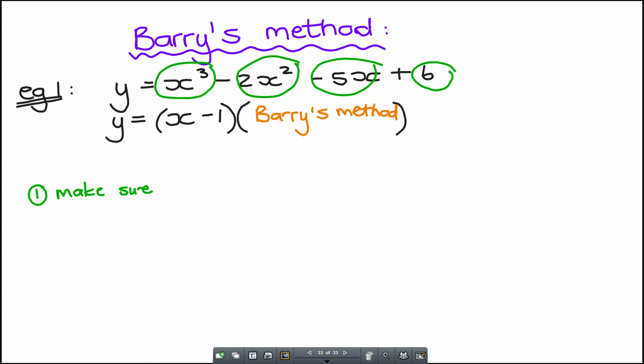So it's got to be in that format. In words: make sure it's descending powers of x.